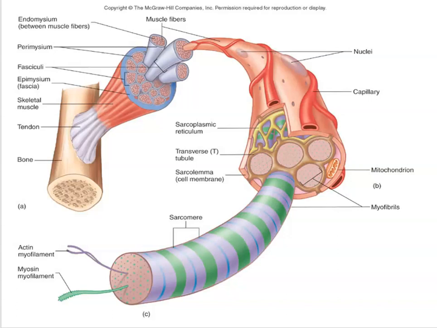This is our skeletal muscle cell or muscle fiber. We talked about the components of the muscle fiber that allow it to function the way it does. But now we're going to zoom in even further and examine the sarcomere, which is the structural and functional unit of the skeletal muscle cell, in that it is the smallest structure that is capable of contraction or shortening.